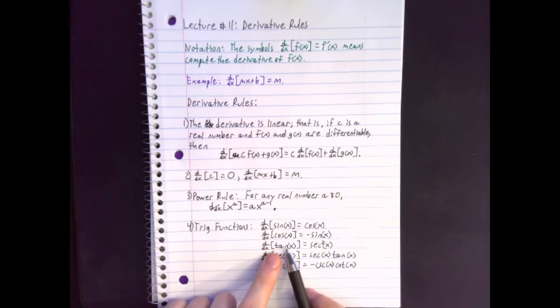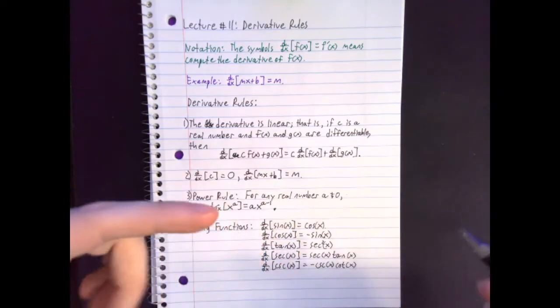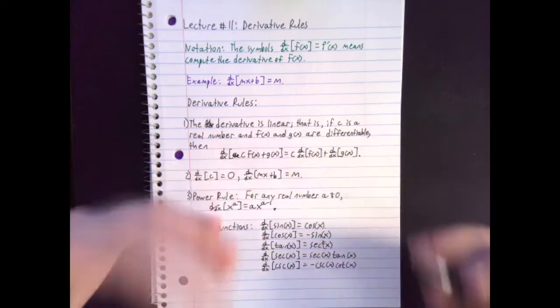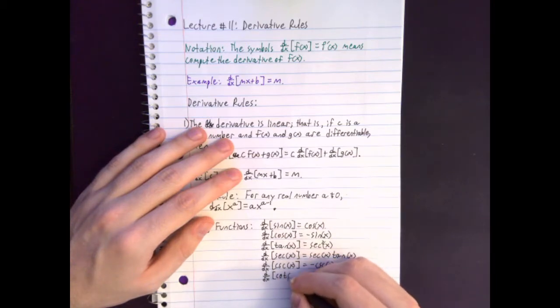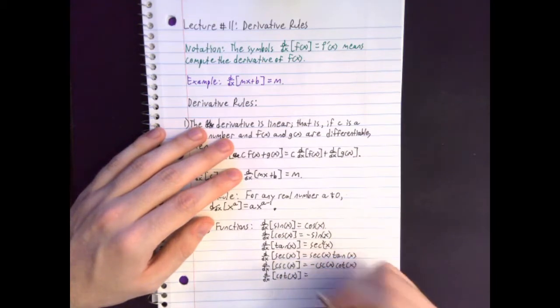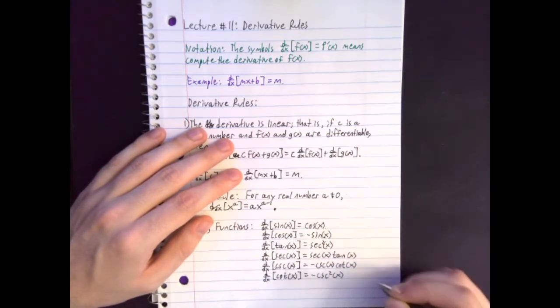And remember, tangent of x is just sine of x over cosine of x. Cotangent of x is just the reciprocal of that. It's cosine divided by sine. All right, and lastly, the derivative of cotangent of x is equal to negative cosecant squared of x.